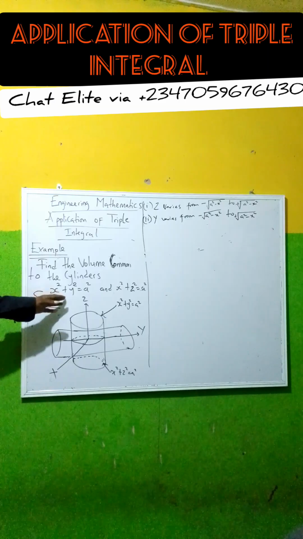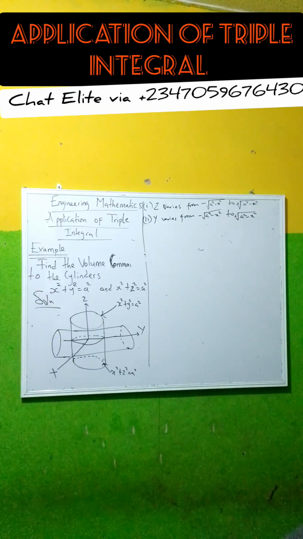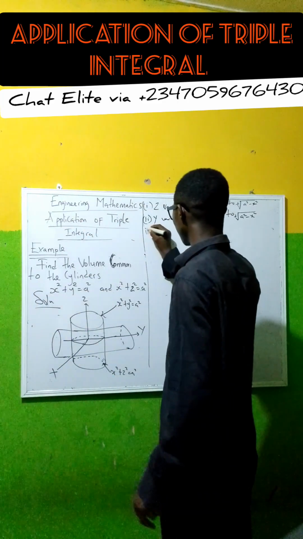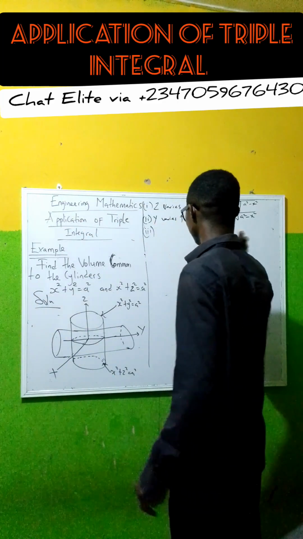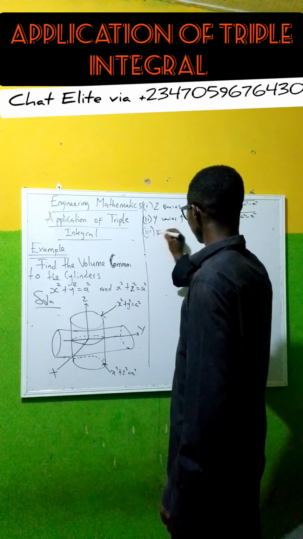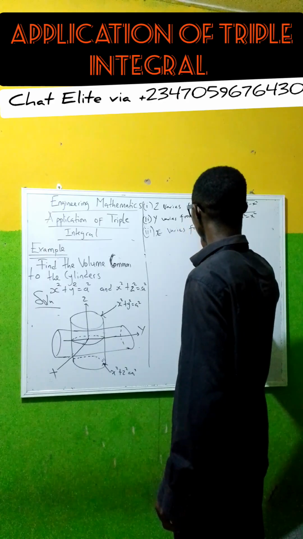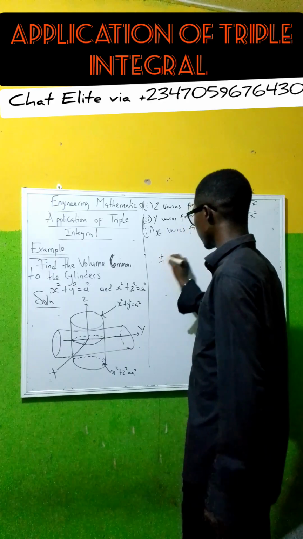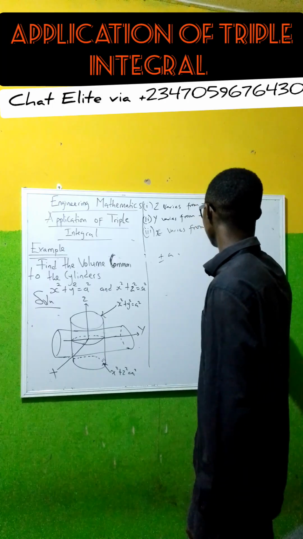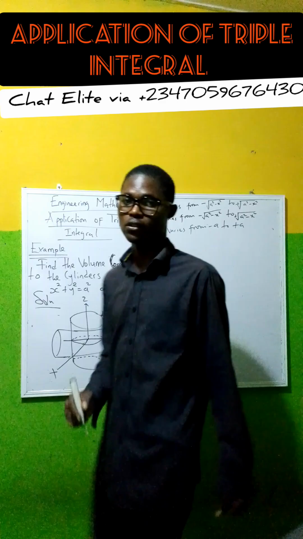Don't forget that if you have something like this, just conclude that for X, the limit or interval of X varies from plus or minus A. That is, X varies from minus A to positive A. It is very, very easy.